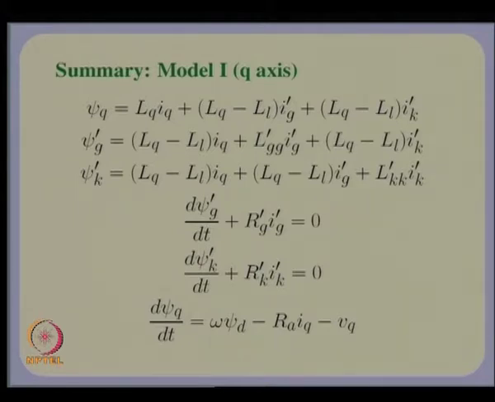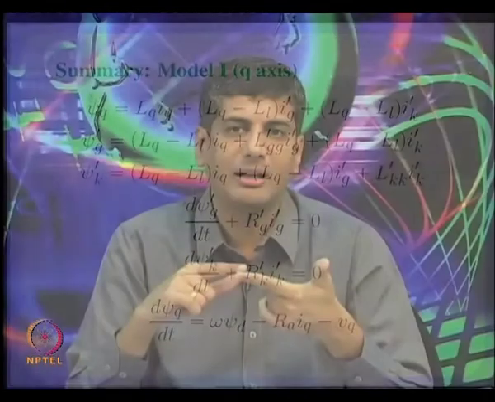Once we use this model on the d axis and the q axis and get our answers, one thing we know: psi g dash, psi k dash, psi f dash and psi h dash are going to be proportional to the field winding fluxes and the damper winding fluxes. So there is a direct relationship between the primed states and the original states.